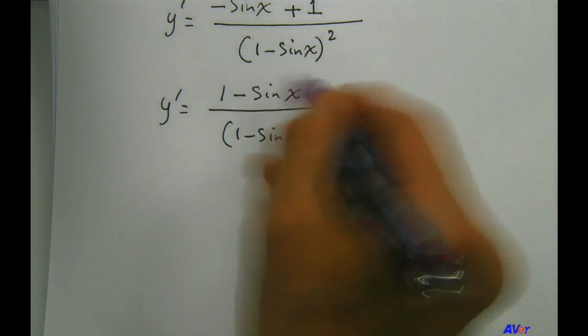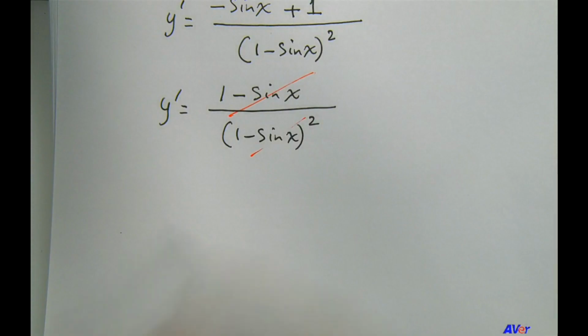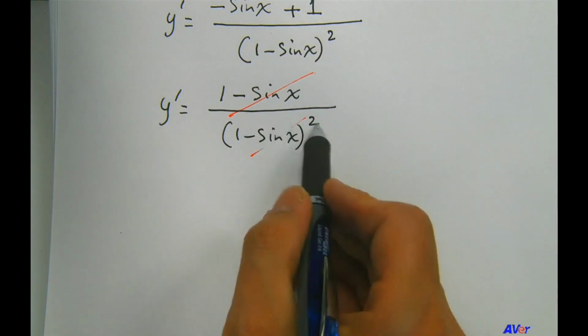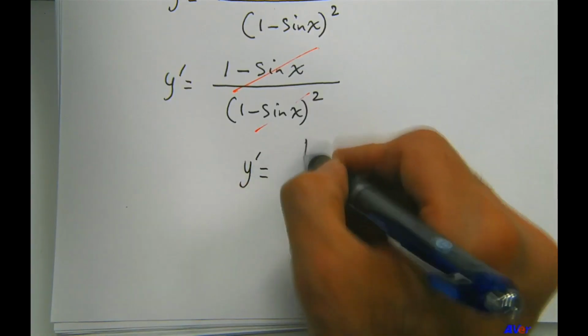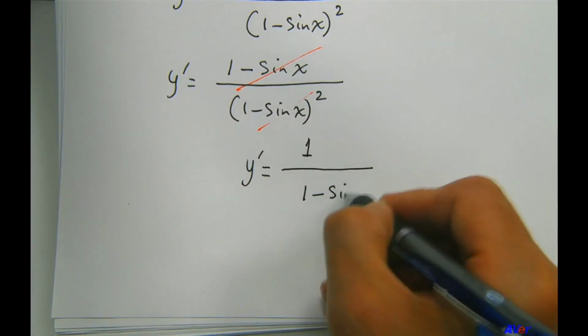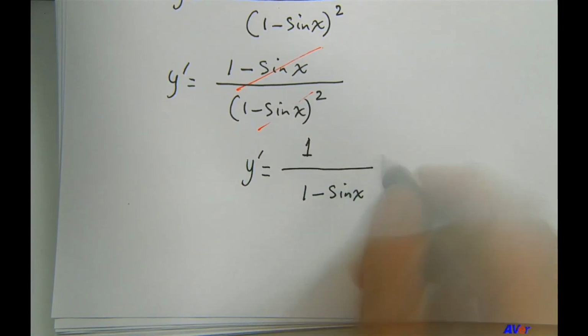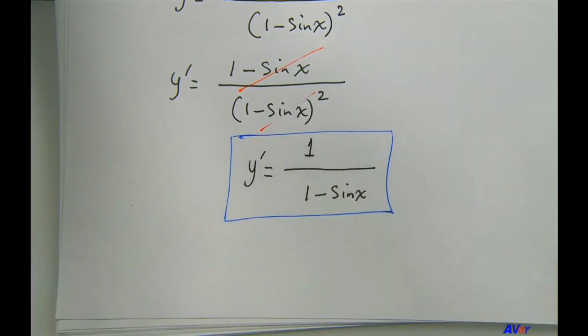So all of this cancels with one of this, and we have, of course, 1 minus sine of x times 1 minus sine of x, again, because of this power. So we end up with y prime equals 1 divided by 1 minus sine of x. Like that.